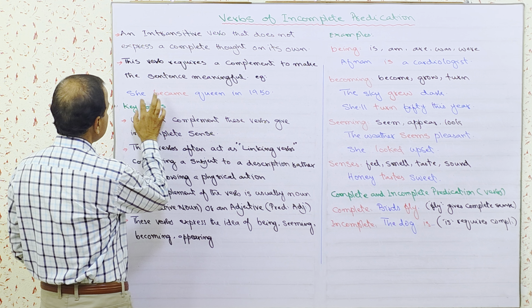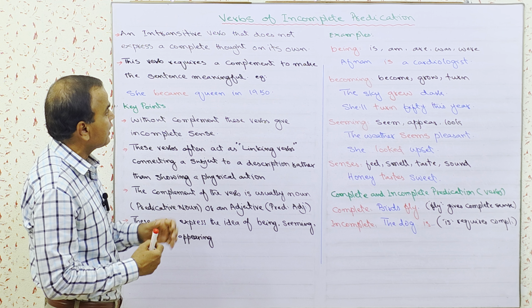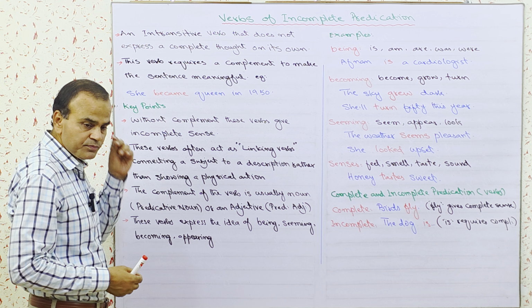The word became is an intransitive verb, but still it is incomplete without the word queen. So when I put queen with became, then the sense of the sentence becomes meaningful. So these types of verbs are called verbs of incomplete predication.